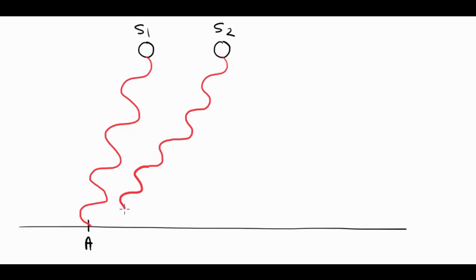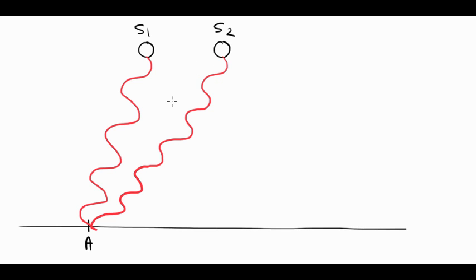For that to be constructive, it has to travel a whole number of wavelengths further. If the wave from speaker 2 travels one wavelength further than speaker 1, then they'll meet in phase. If it travels 2 wavelengths further, it will meet in phase.